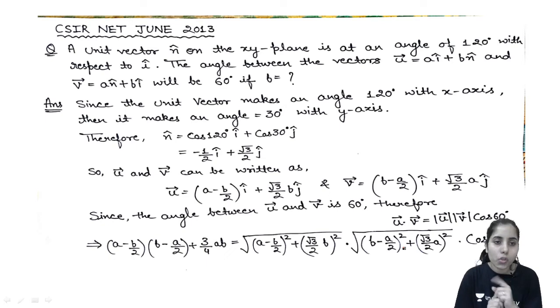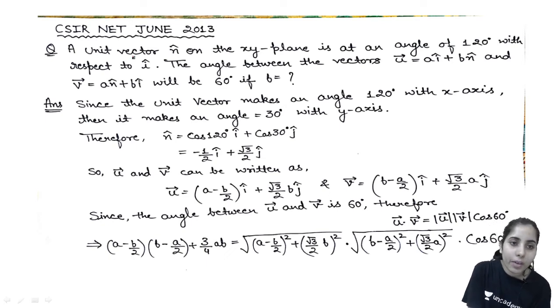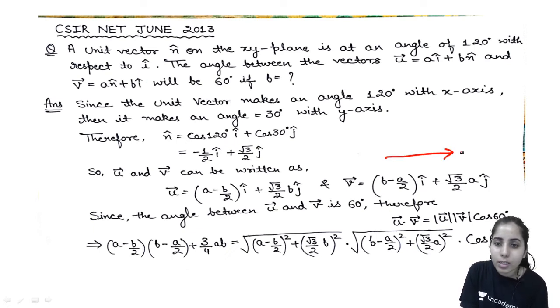See guys, the question is: a unit vector n on the xy plane is at an angle of 120 degrees with respect to i. So there is i cap vector, and the unit vector n is at 120 degrees with this vector.